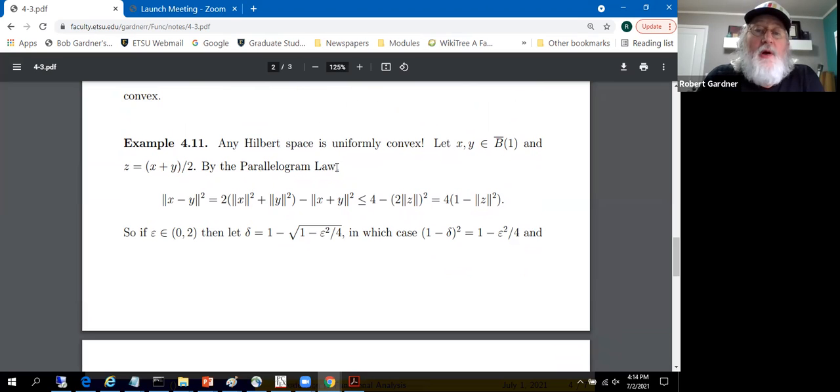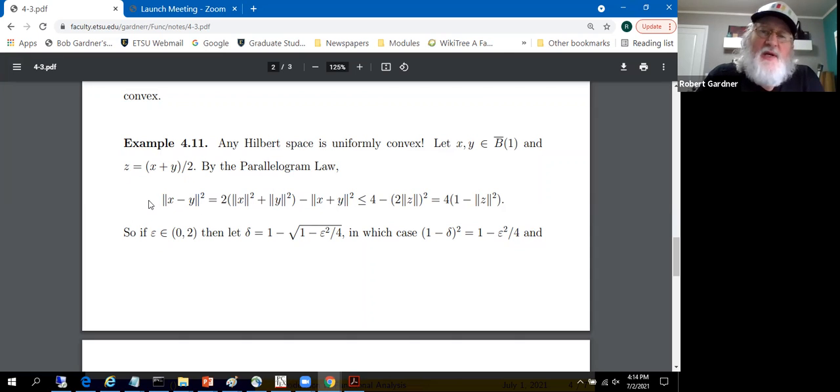The parallelogram law, you'll recall, holds in Hilbert spaces; it came out of properties of the inner product. The parallelogram law states exactly this, well, rearranged. Take this last term, the norm of x plus y squared, it's negative, move it to the left-hand side, and this reads exactly like the parallelogram law.